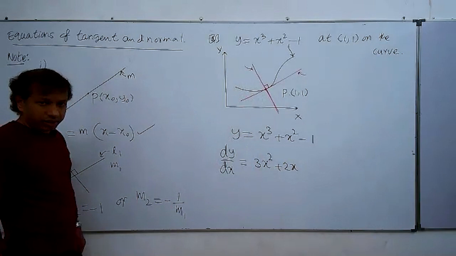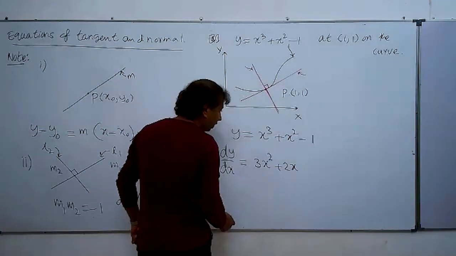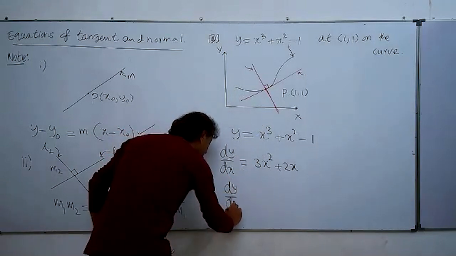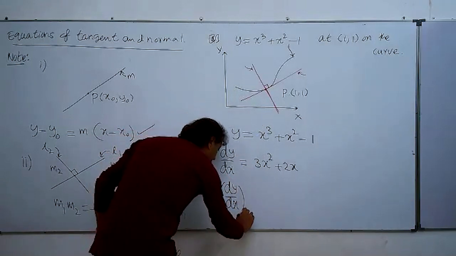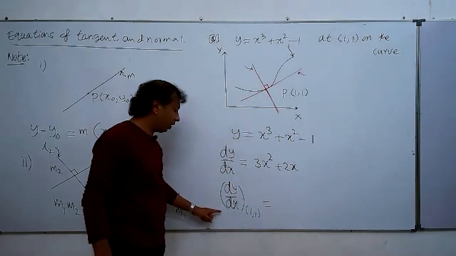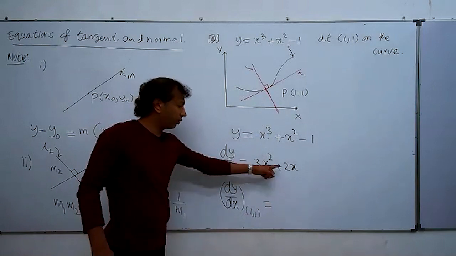Now we need the dy by dx at the point, but the dy by dx expression contains only x. Then we write it this way to give that idea: we need dy by dx at the point. Put 1 for x on the right hand side.